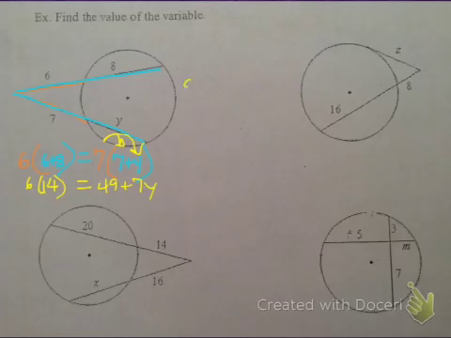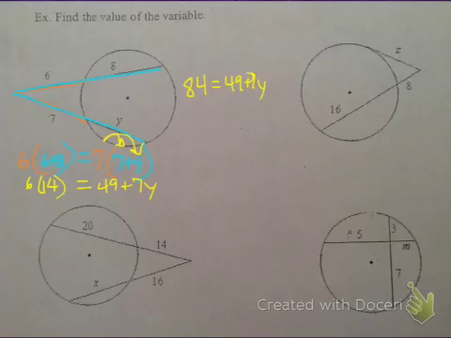So we've got 84 equals 49 plus 7y. And solving for y, we're going to subtract 49 and divide by 7. I'll leave the algebra to you. Should get y equals 5. Okay, so that piece right there, that little chord in there, should have a length of 5.